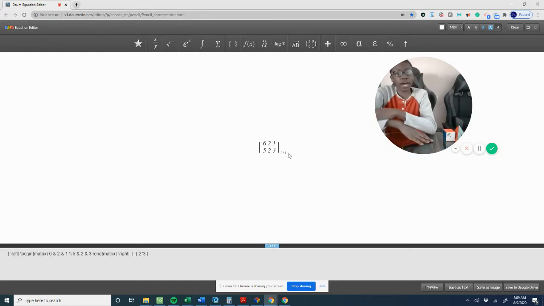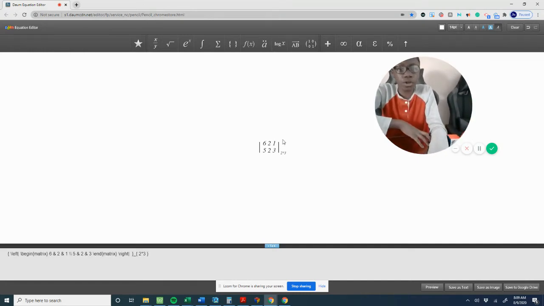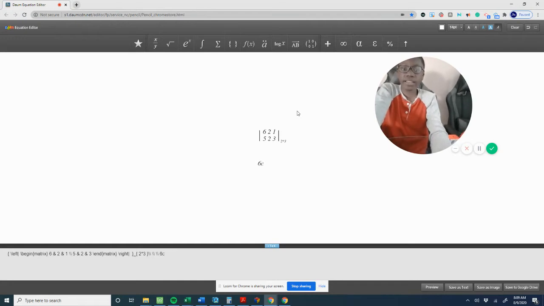Now, what do matrices actually mean? I mean, what do you use them for? So this matrix actually represents an equation. We have 6x plus 6y equals 1.